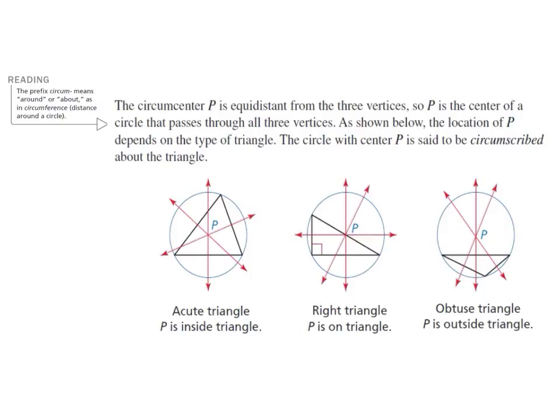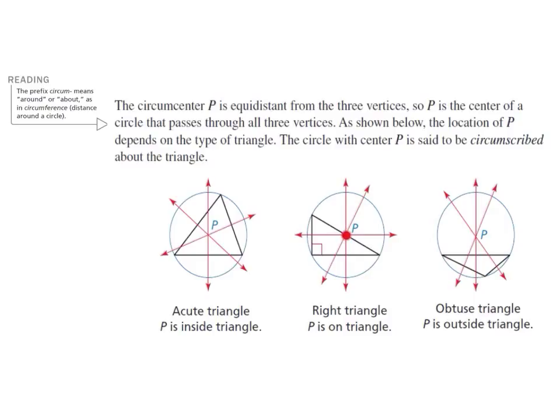So let's look at our first picture. An acute triangle, P is inside the triangle. So when I figure out the intersecting point of all the perpendicular bisectors, point P, the circumcenter, is inside the triangle. For an acute triangle, the circumcenter is inside. When I get the perpendicular bisectors of a right triangle, they all intersect at a common point on the triangle.